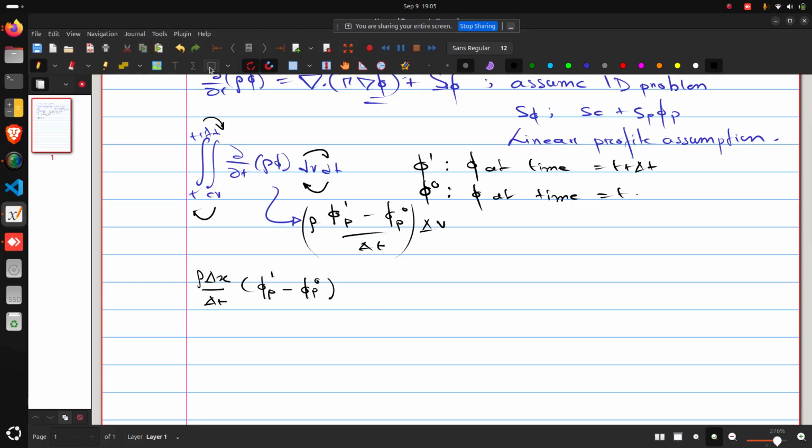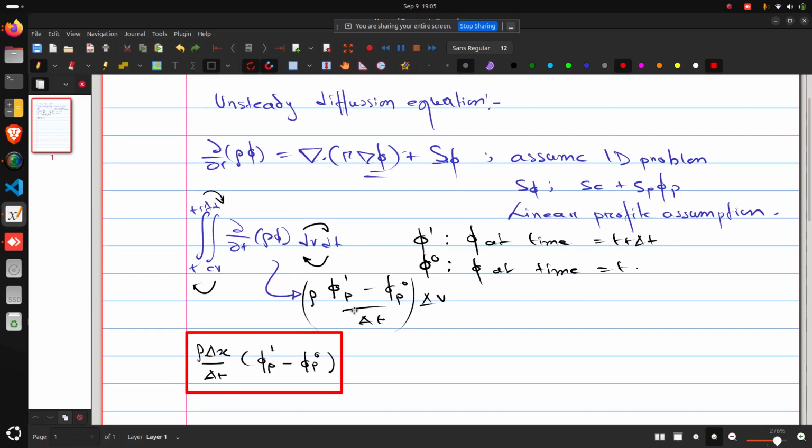Now we have the left hand side populated. Now let's look at the right hand side.